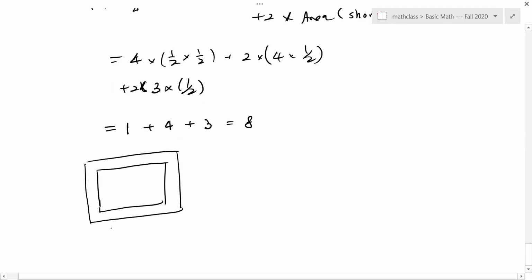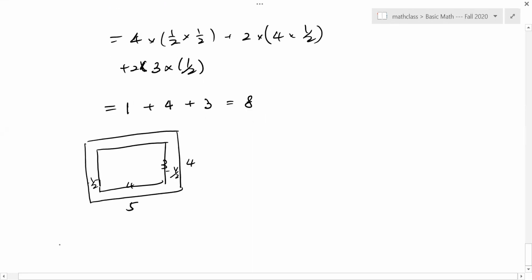Use subtraction, because this side is 4, this side is 3. But if each side adds 1/2, the longer one becomes 5. And this side is just 4, right? Because we add the 1/2 at 2 ends. So the area is going to be the difference: 5 times 4, the larger area, right?